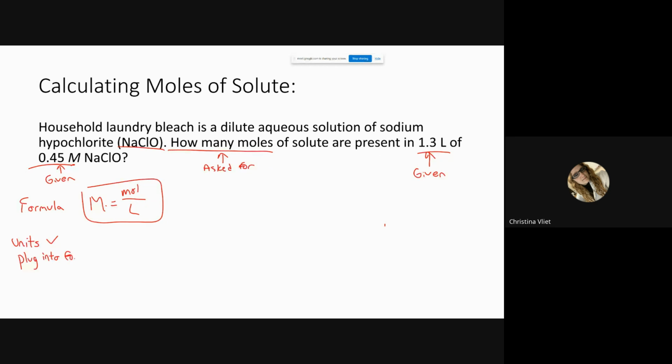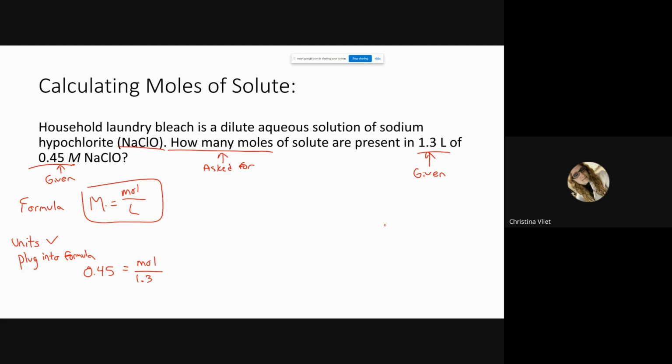And here's the math. So where I see M, I'm going to put 0.45 because that is the molarity. I'm looking for moles. So you can either write mol because you're searching for that, or if you really like algebra, you could just call it X. It's the X you're looking for, right? And then the liters on the bottom is 1.3.